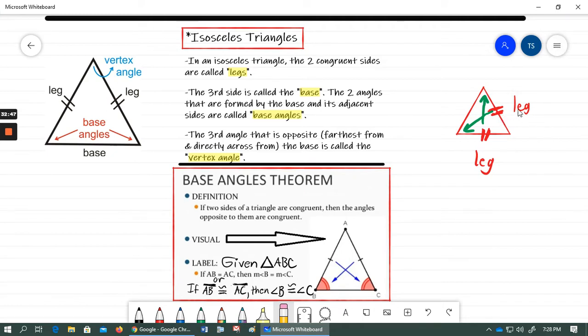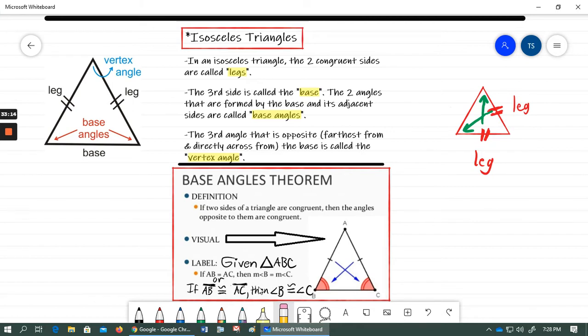Same thing. So if you've got two congruent sides, or two sides whose measurements are equal, then those opposite angles, those base angles, are going to be congruent. So the measure of angle B equals the measure of angle C.